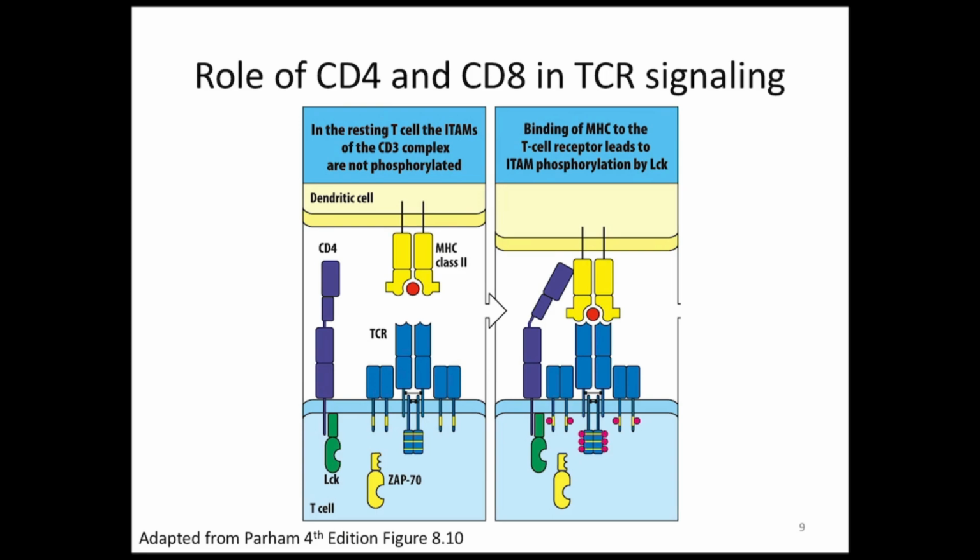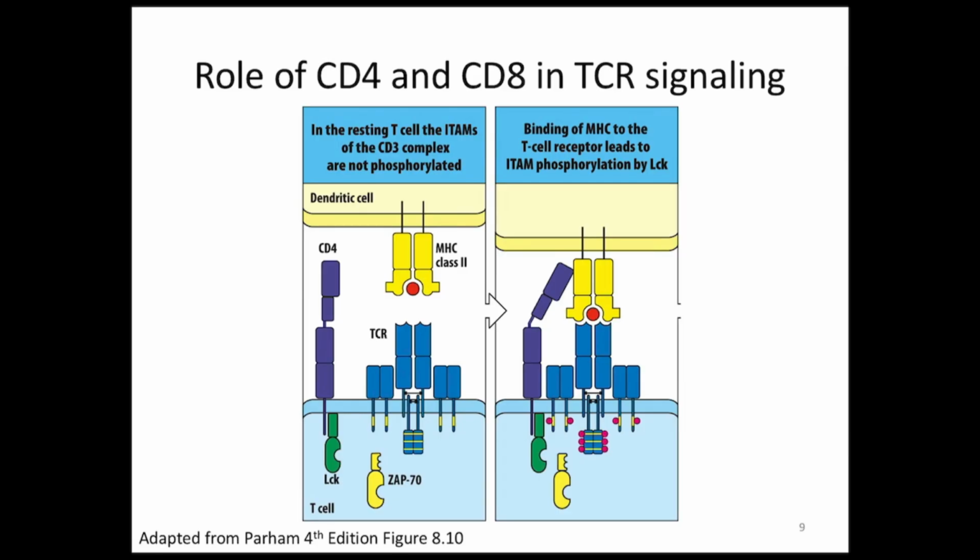Now we've taken this kinase, our Src family kinase, LCK in this case, and we put it right next to a bunch of tyrosines that are good at getting phosphorylated. We put it right next to all of those ITAM tyrosines. Here they're shown as little yellow areas.